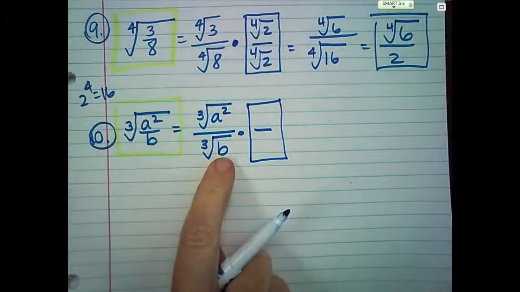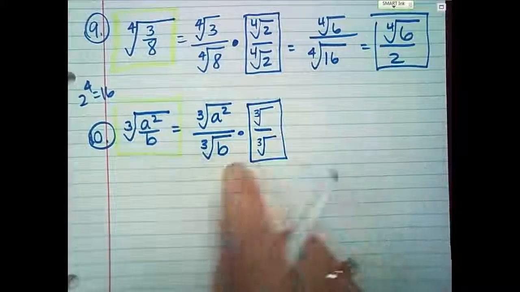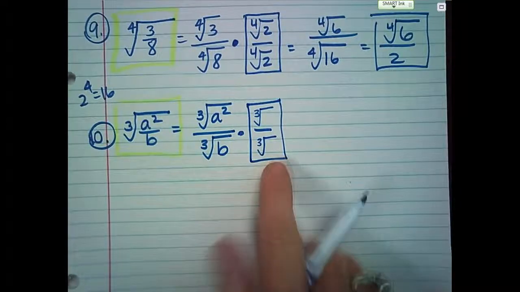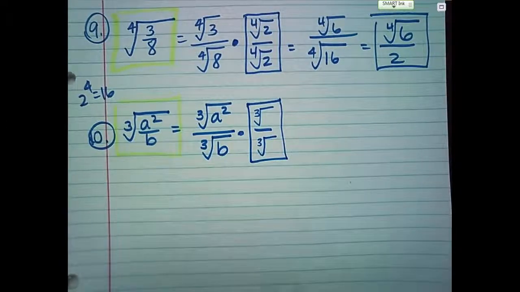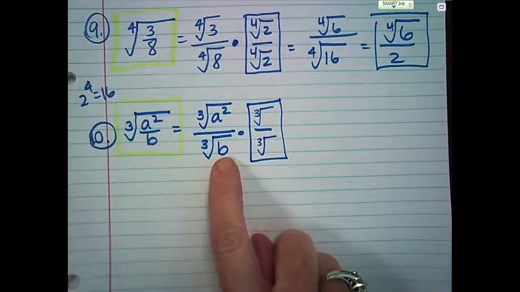Think about this. They're both going to be cube roots, and I'm at b. What needs to go here so that I'm going to get a perfect cube? So b times what number is going to give me a perfect cube?